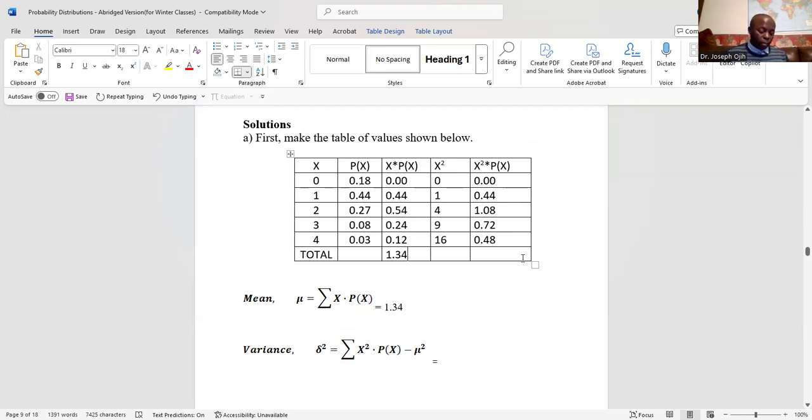Write it down: 0.00, 0.44, 1.08, 0.72, 0.48. Let's add them.